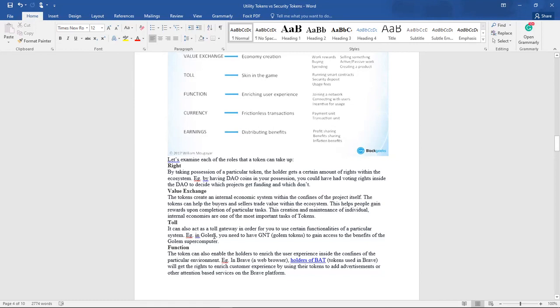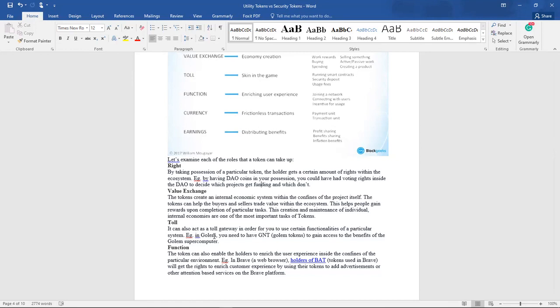Toll, it can also act as a toll gateway for you to use certain functionalities of a particular system. For example, with Golem, you need to have GNT to gain access to the benefits of the Golem supercomputers. The same case for BitTorrent token.